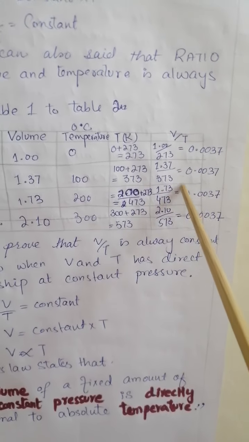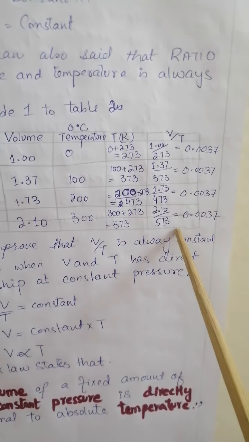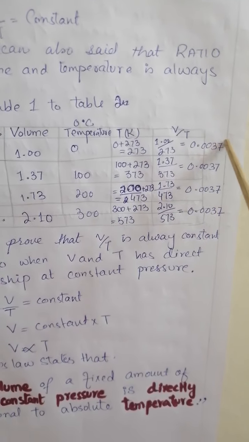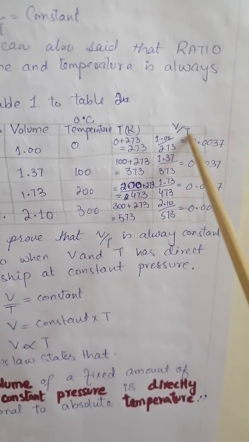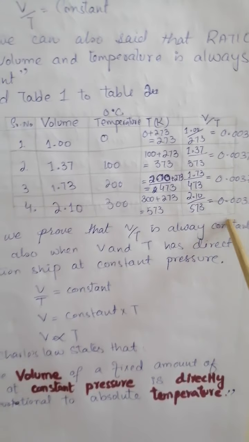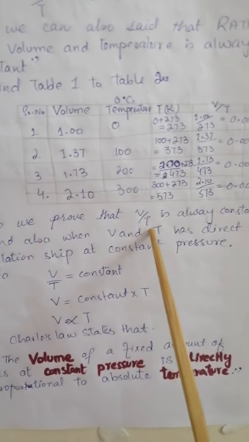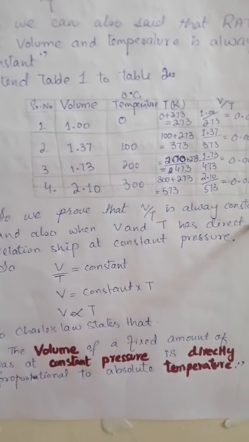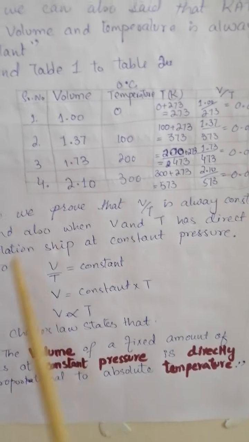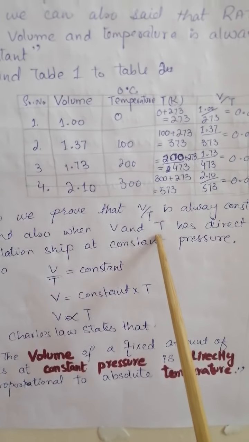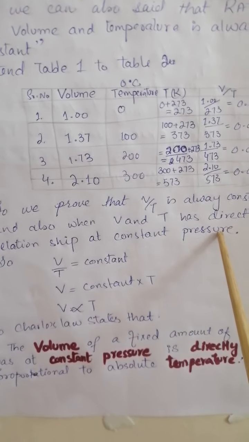After that we observe that the ratio of volume and temperature is always constant in all the values. So we prove that V by T is always constant only if volume and temperature have a direct relationship.